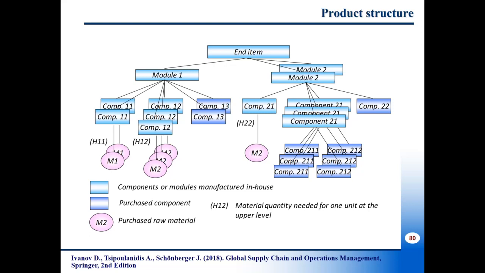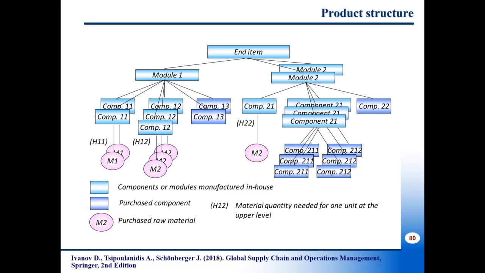Codes such as COMP11 mean component number 1 for module number 1. COMP12 means component number 2 for module 1. RM11, 12, and 22 mean one raw material needed for one unit at an upper level. COMP211 means component number 1, which is procured externally, is used by component 21, which is produced internally.